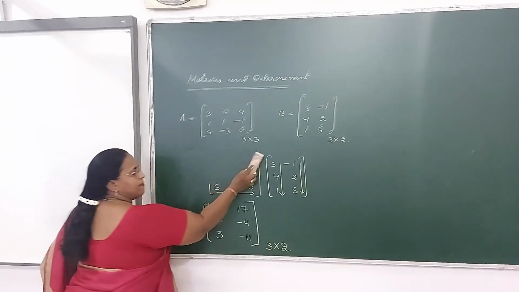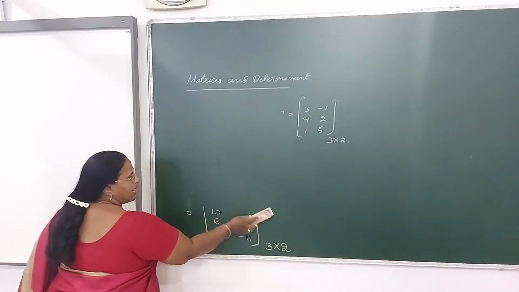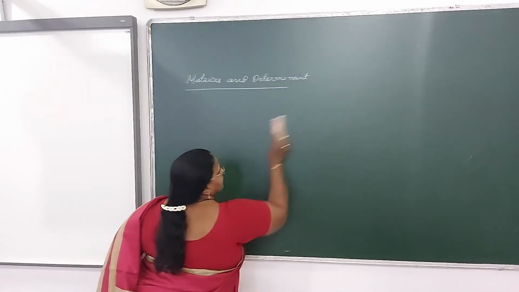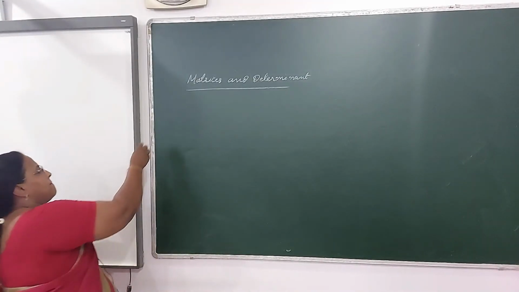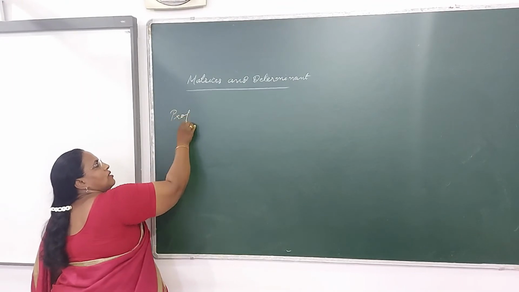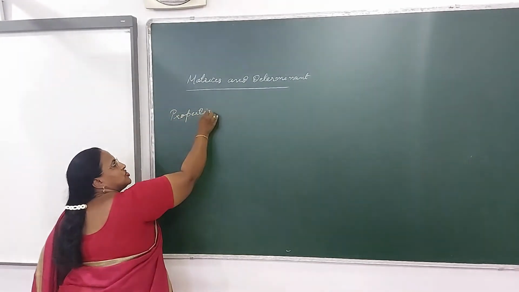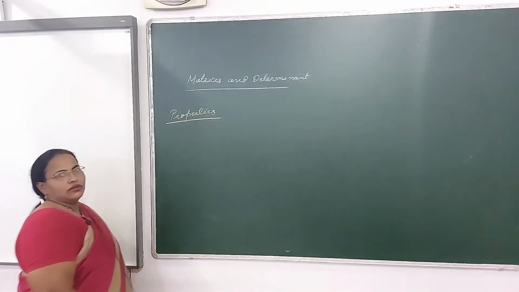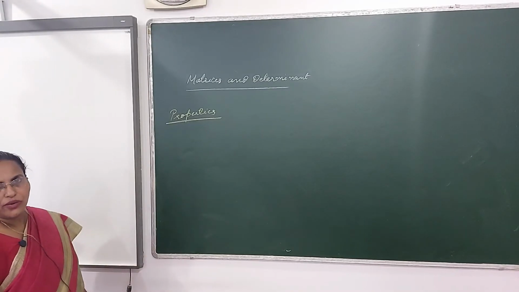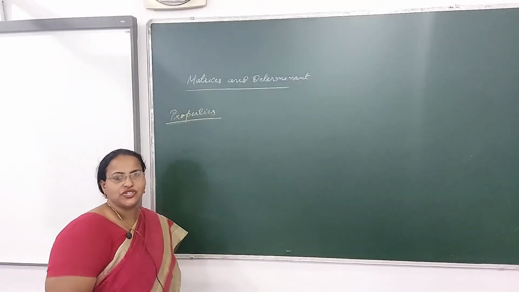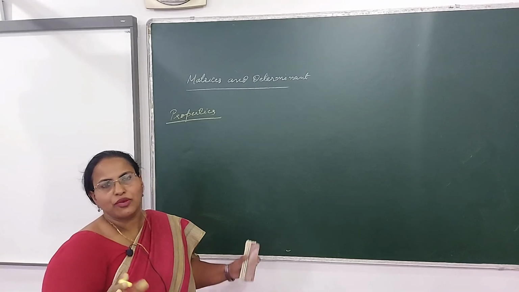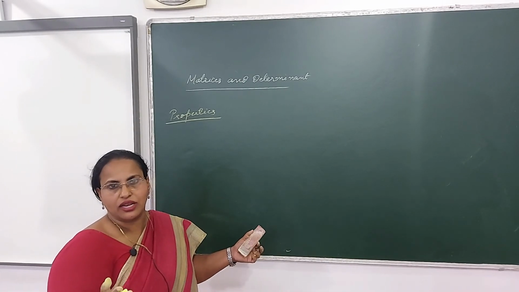Now see the properties based on matrix multiplication. The first property you already know: matrix multiplication does not hold the commutative property in general.